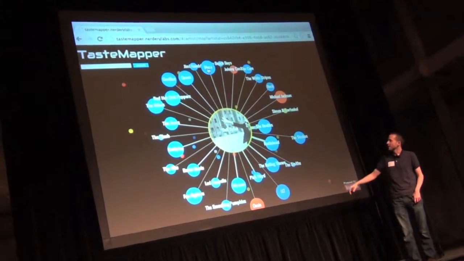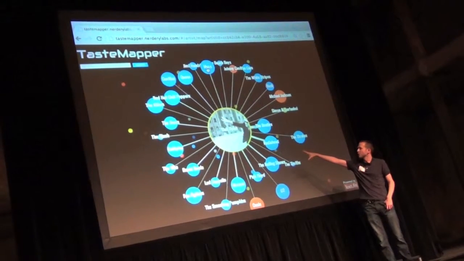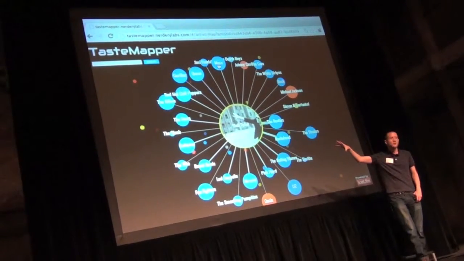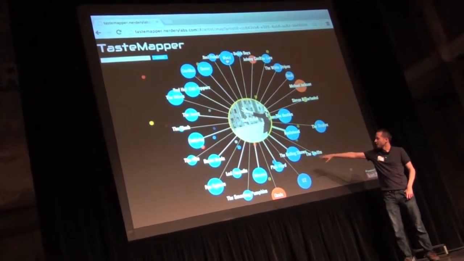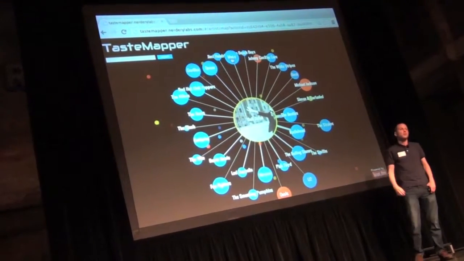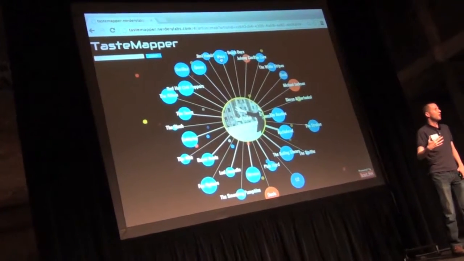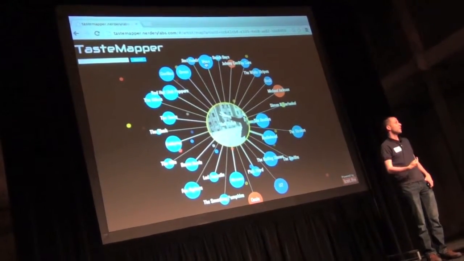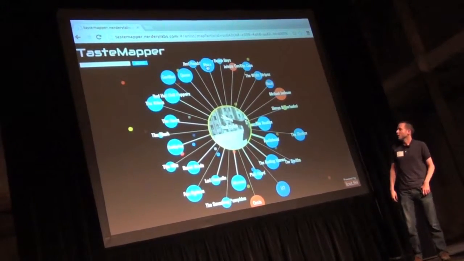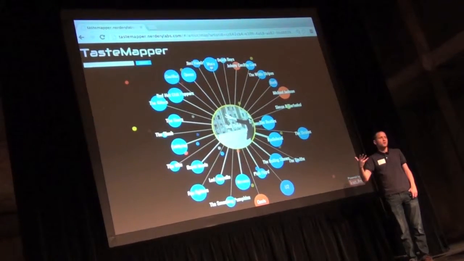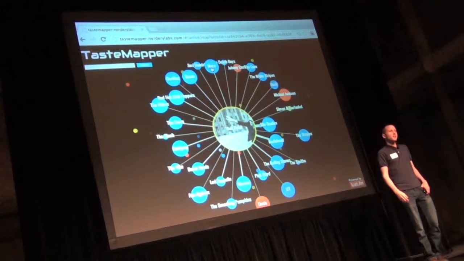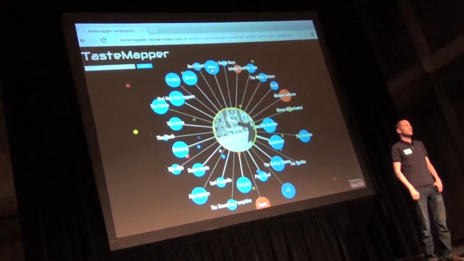What you can see here is the colors of the nodes represent the genre of the artist. The distance from the middle represents the correlation, and the size of the circle represents the overall popularity of that artist in terms of number of unique listeners. What was really hard was categorizing these in terms of genres, because Last.fm has a really unique tagging system.